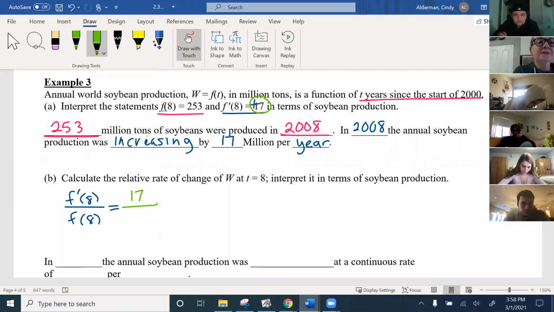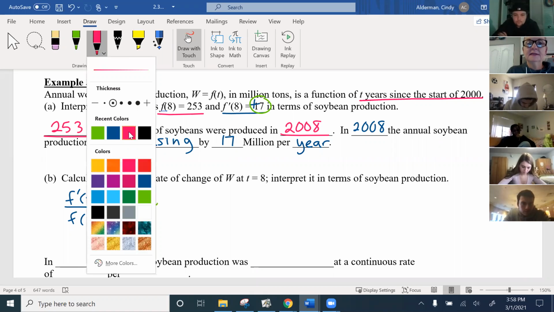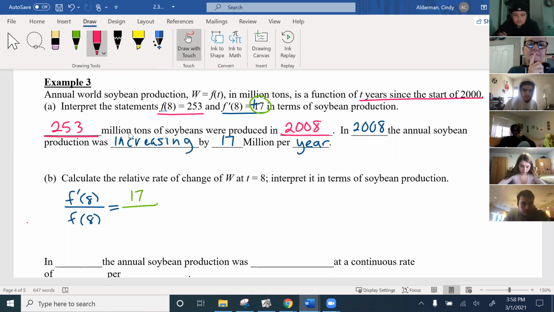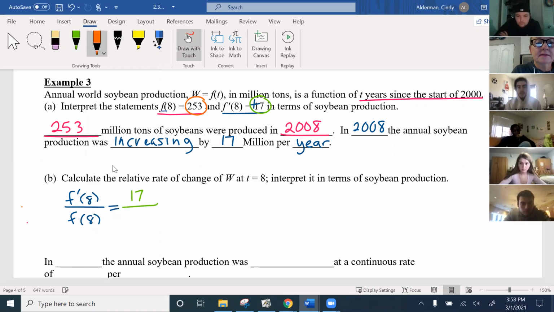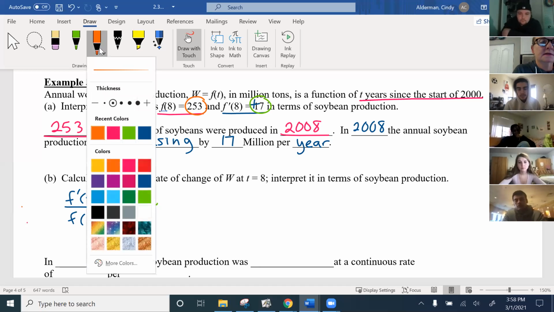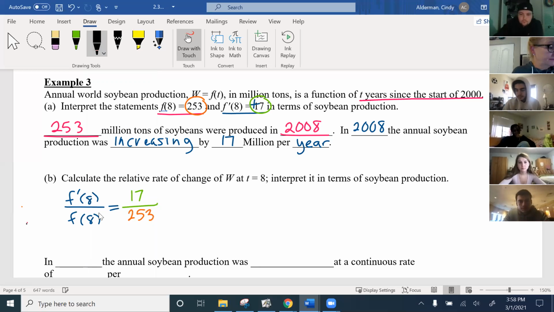And then f(8) is what? 253. Yeah, good. So if you put that in, you get 0.067. All right, so let's interpret what we're saying here.